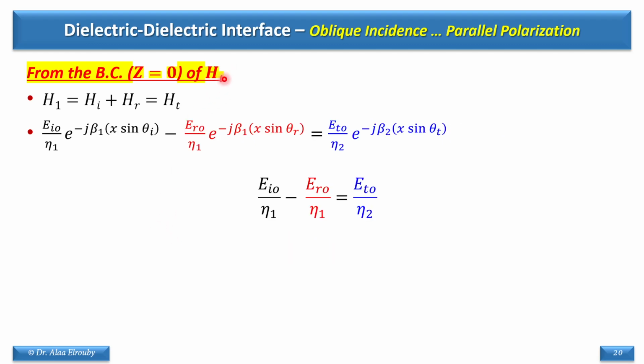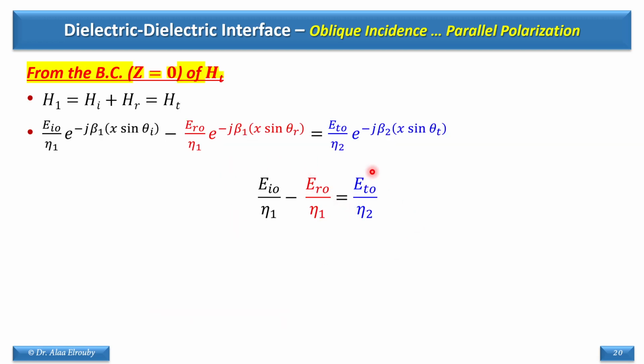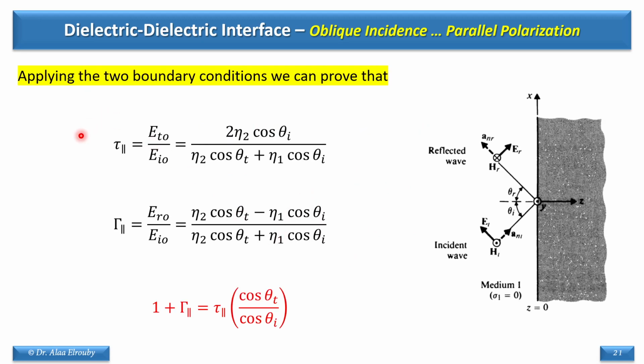Write the boundary condition for H tangential. All the H is tangential because H is in the Y direction, so the phase terms are equal. The magnitude terms will give us this relationship. So this is the second equation. Solving for E transmitted and E reflected, we'll find the transmission coefficient tau for parallel, and it has this expression.